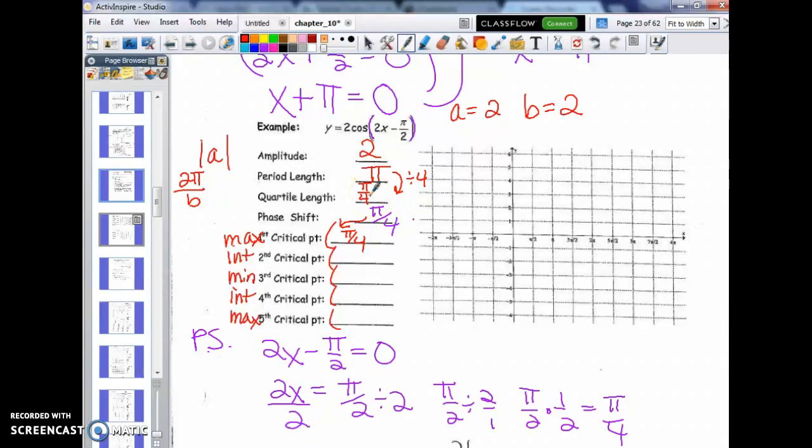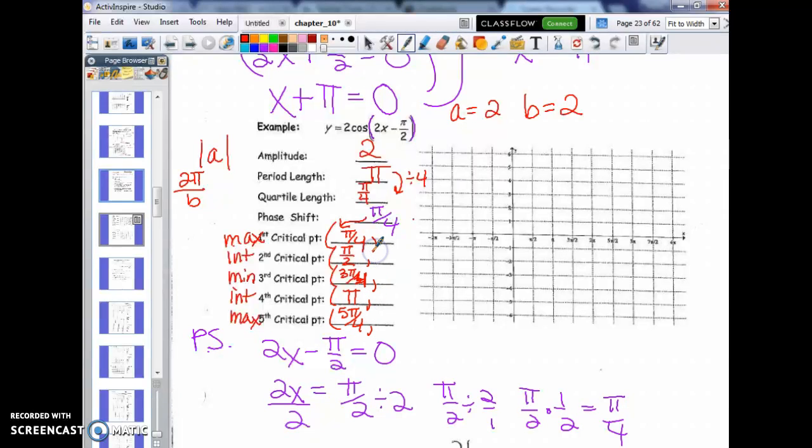Pi over 4 plus pi over 4 is 2 pi over 4, which simplifies to pi over 2. Pi over 2 plus pi over 4 becomes 3 pi over 4. Excuse me, that's the third critical point. The fourth, 3 pi over 4 plus pi over 4, is pi. Plus another pi over 4 gives me 5 pi over 4.